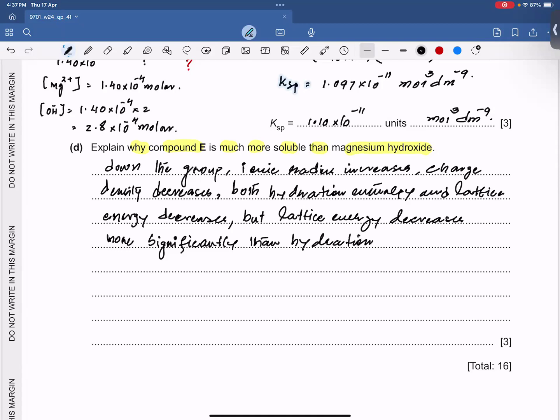Which is why solution becomes exothermic. Hence, standard enthalpy change of solution becomes exothermic.